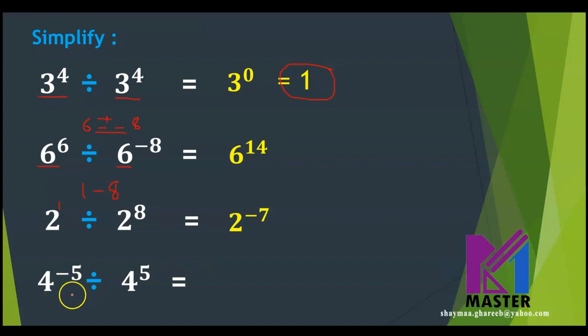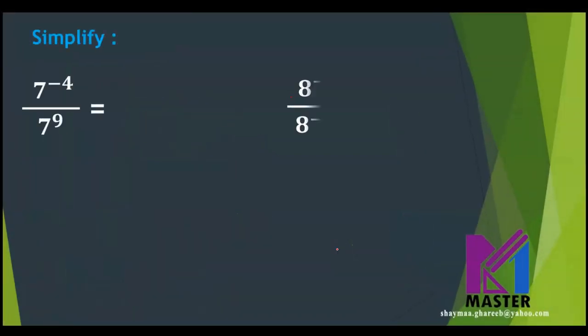In the last example here, I will subtract the negative 5 minus 5. Negative 5 minus 5 equals negative 10. So the answer will be 4, which is the base number, to the power of negative 10. Is this clear? Let's see more questions.